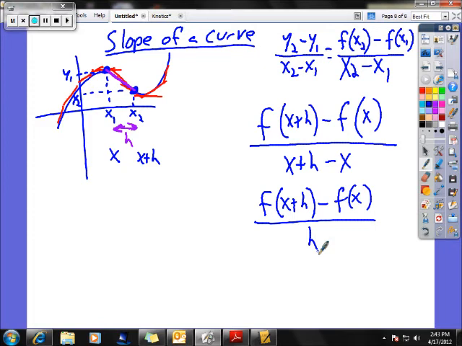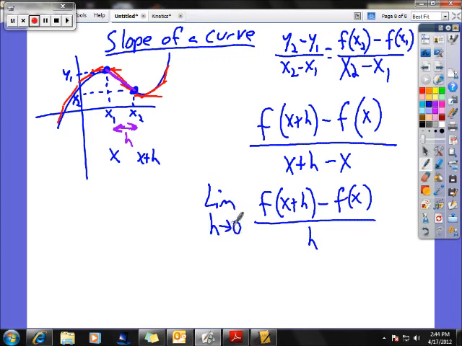We want h to be what? 0. Well, we want it to be 0, but we can never get it to 0. We want it to be very small, though, because the smaller the h is, the closer the x's are together. So h can't be 0, but we can get it infinitely close to 0 by using a limit.